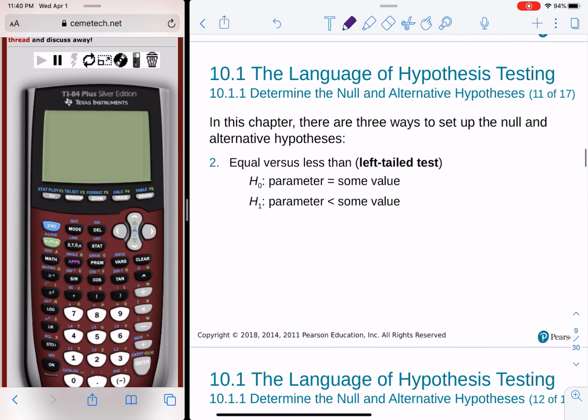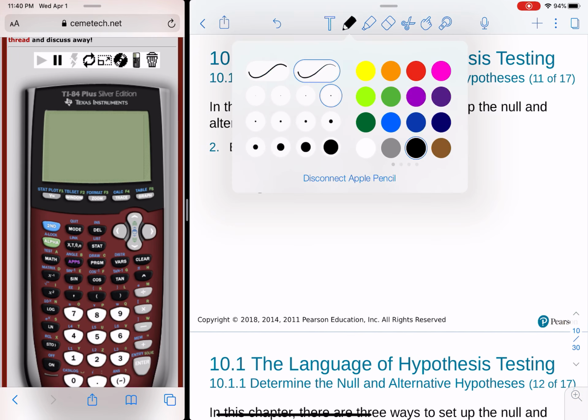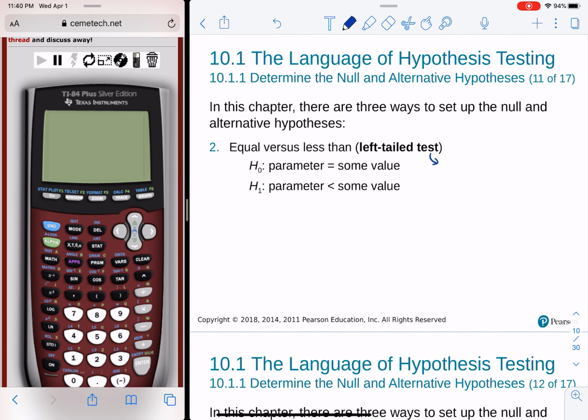The second type is a left-tailed test. A left-tailed test is one where the claim has less than in it. So if we look at this example, the alternative, which is usually or always the claim statement, contains a less than sign. So this is a left-tailed test.